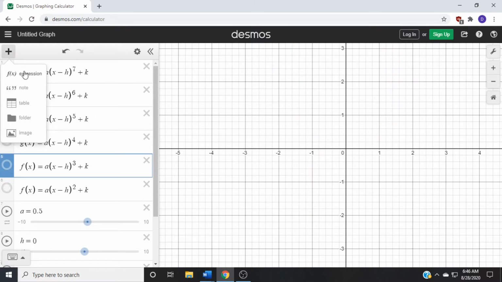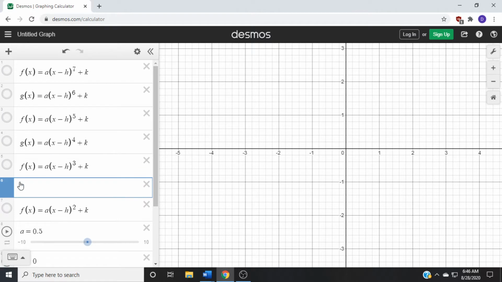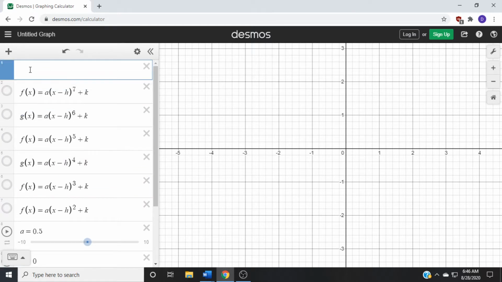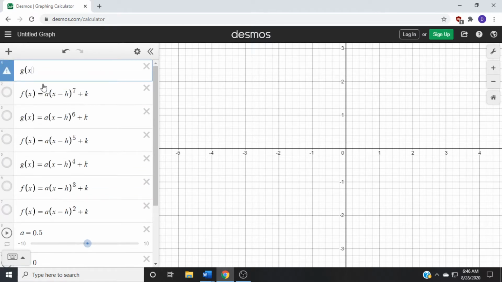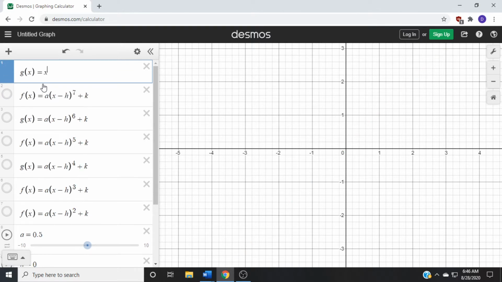Like if I was to graph a new function, let's just erase all these, and let's plug in a g of x equals, and then let's just say we had a theoretical minus x to the sixth plus x to the fifth minus x to the fourth.